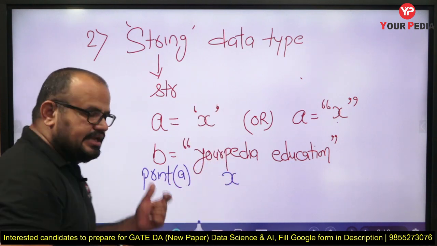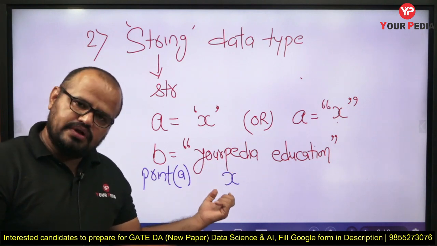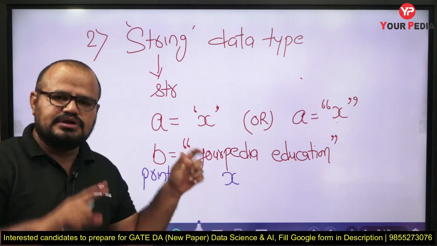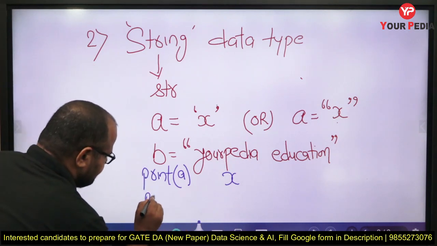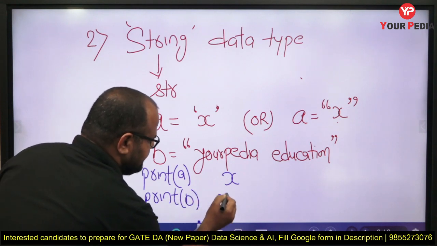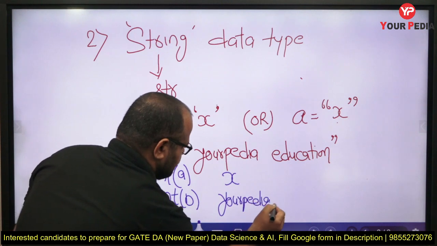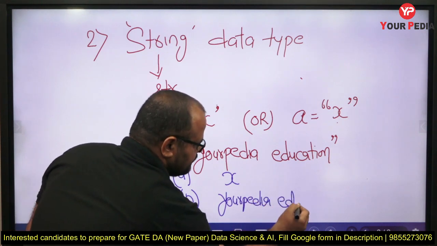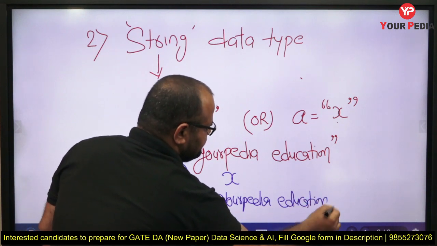So in GATE you may face a problem where the output is quote x or x. The answer is only x, not within the quote. Keep in mind. Next, print b. It gives you YourPedia space education. Whatever space we have, that same space is included here.